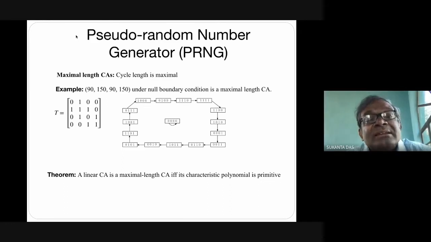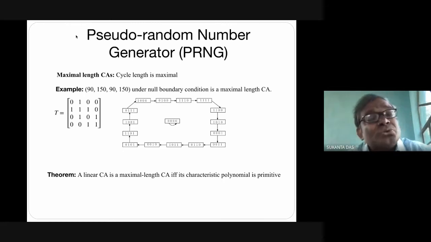So from the single linear maximal length CA, we can get many complemented maximal length CA. However, there is no method till now to generate non-linear maximal length CA. In literature, most of the works on maximal length CA consider linear maximal length CA.